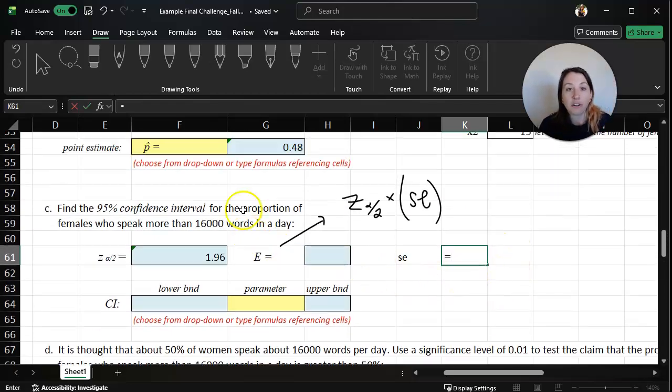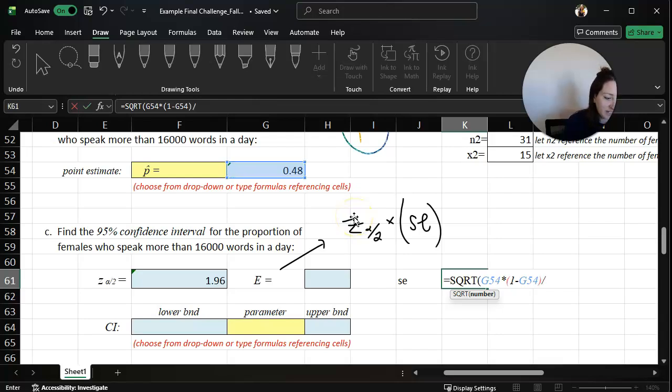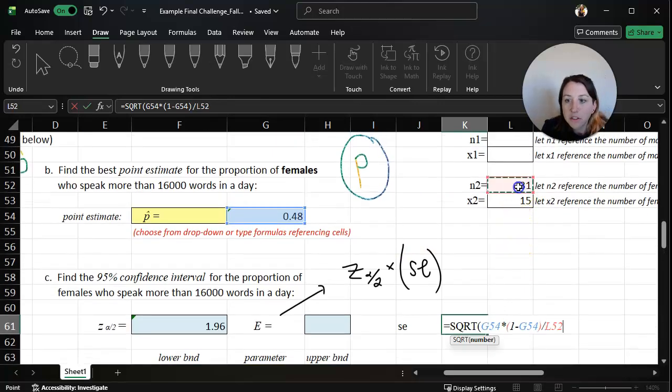Except again, for confidence intervals, we want to use p hat and 1 minus p hat. So here we want to take the square root of p hat times 1 minus p hat divided by n. I need to click on n, which is 31.